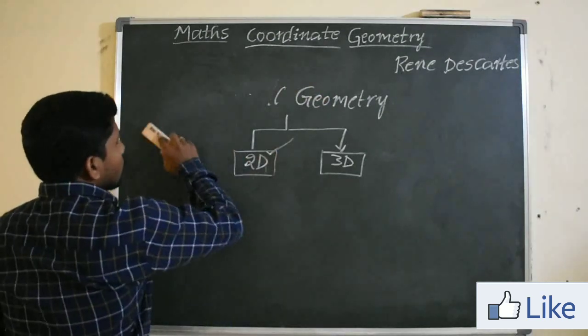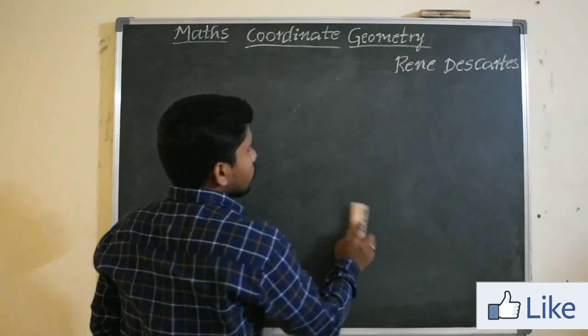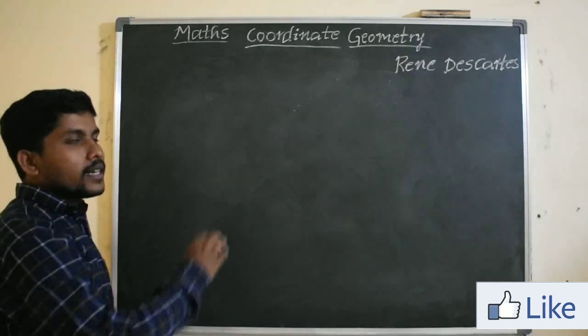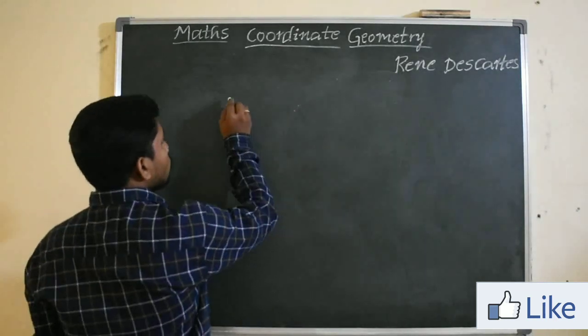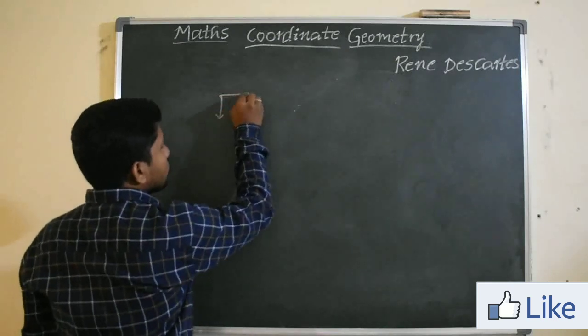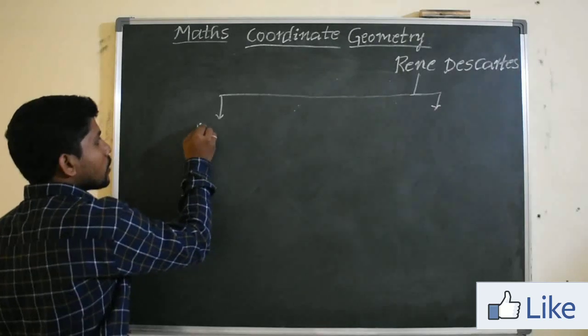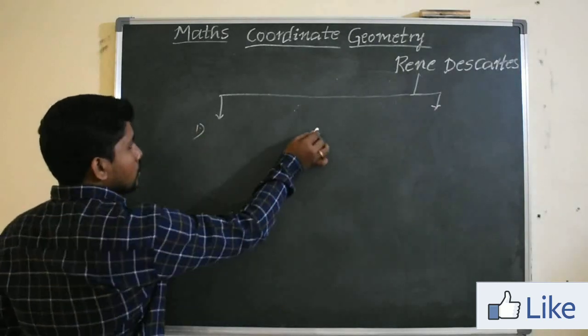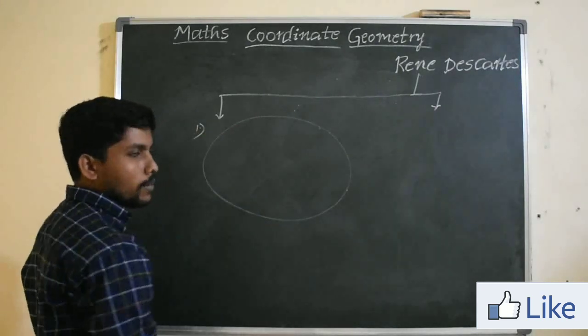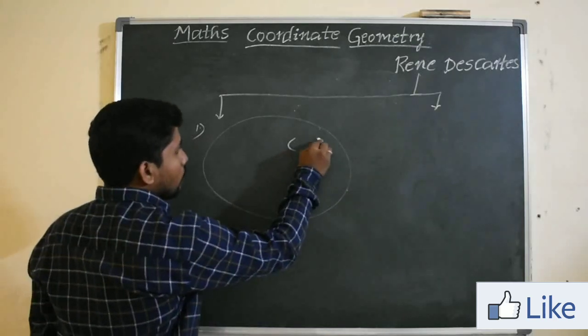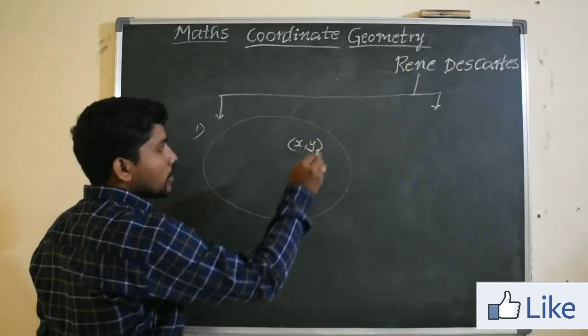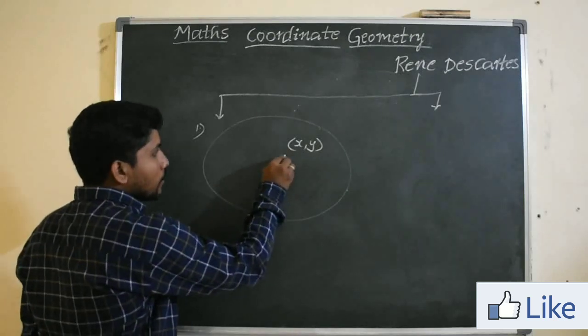Now you see two things which were discovered by René Descartes. The first one: in any space or any plane, an ordered pair of numbers can be represented by a point.